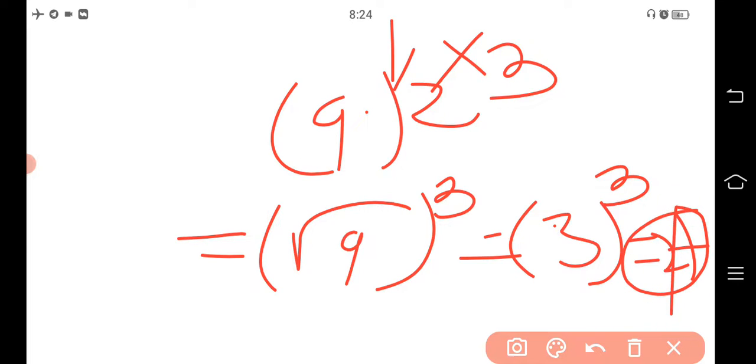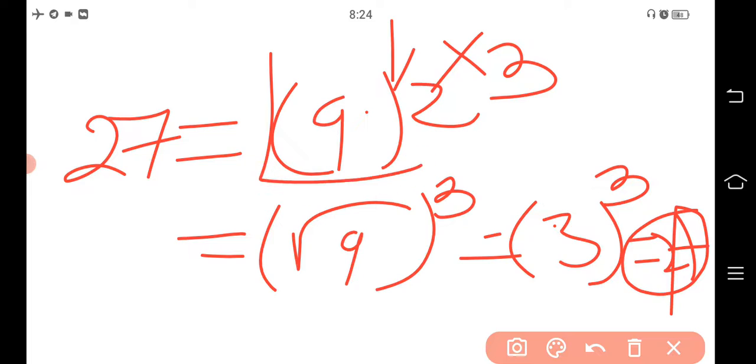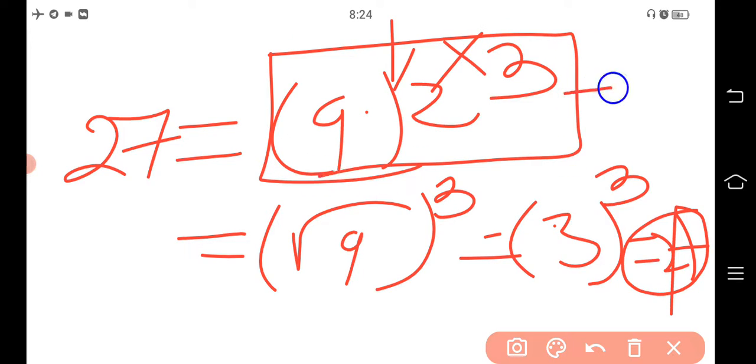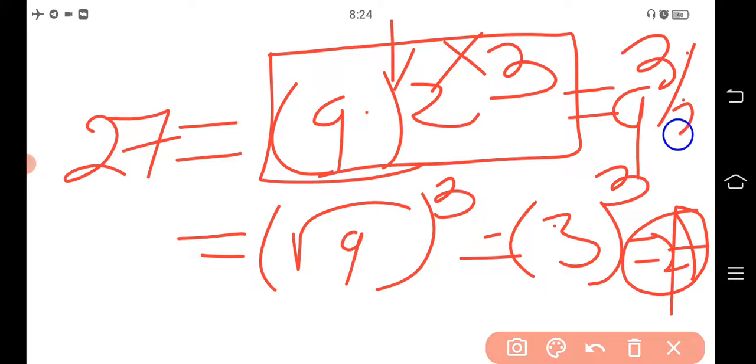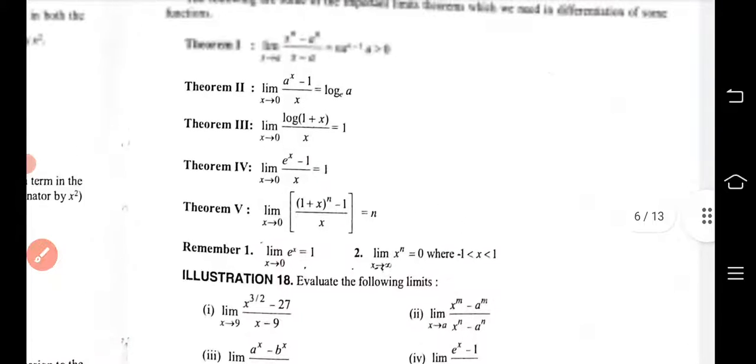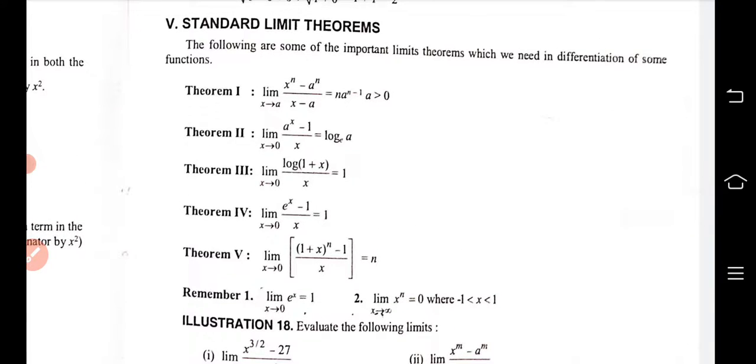Clear? So for this 27 we can write the notation 9 to the power 3 divided by 2. Okay, we are able to write it in this format.